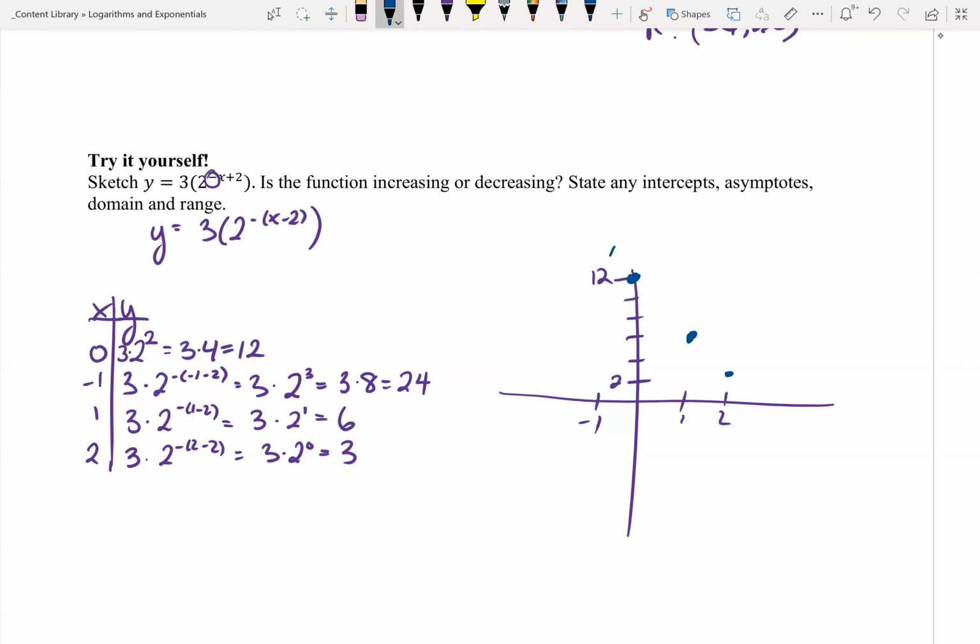And follow the shape of an exponential from left to right. So notice in my right end behavior, we are still going to approach y equals 0 because there is no vertical translation. So our asymptote is still at y equals 0.